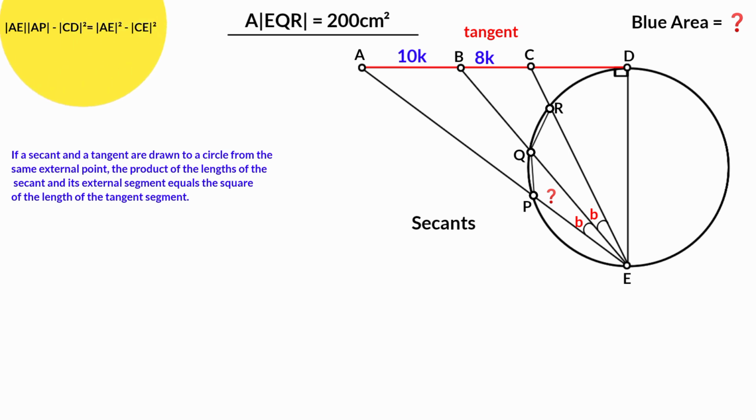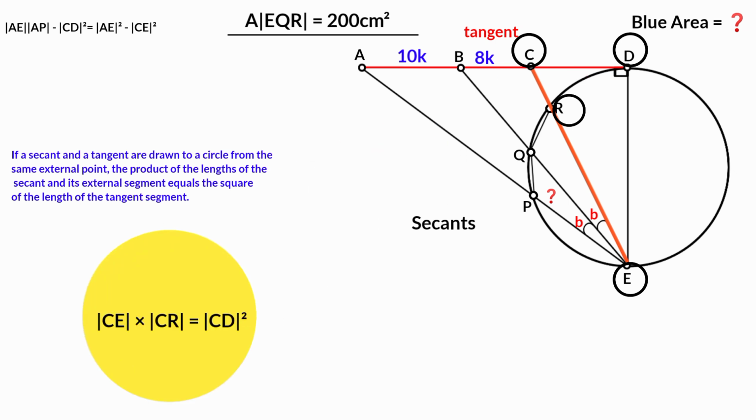So line AE line AP minus line CD squared equal to line AE squared minus line CE squared. Come back here, this line CE is also a secant and this line CD is a tangent segment. So using the secant tangent theorem, this line CE times this line CR must be equal to the square of this line CD.